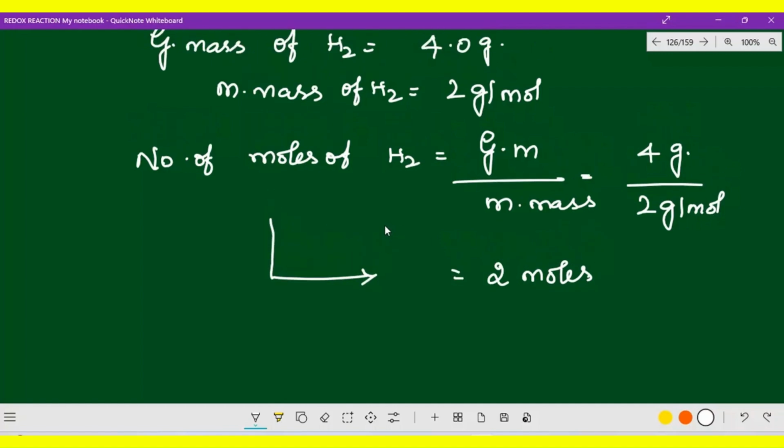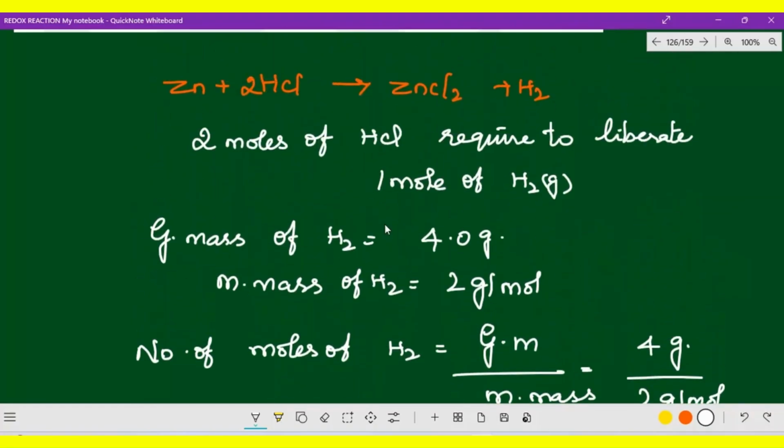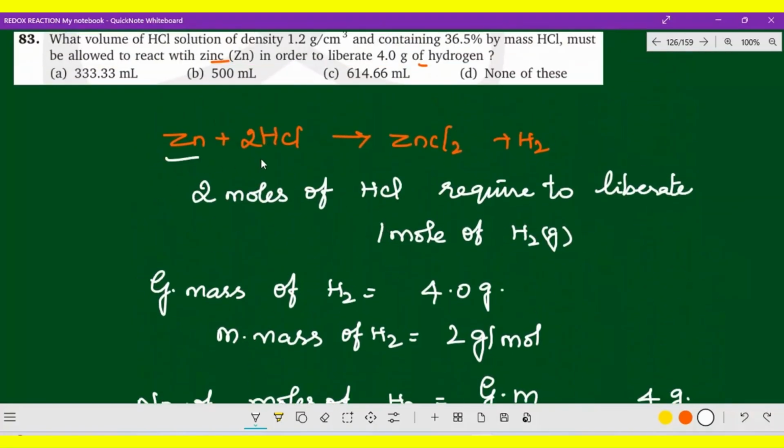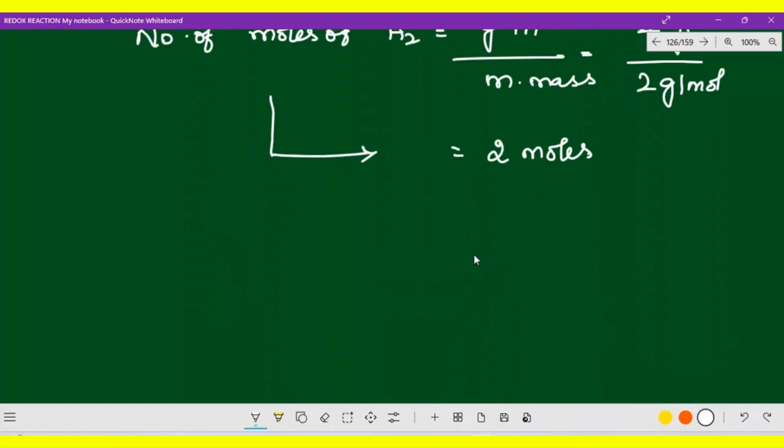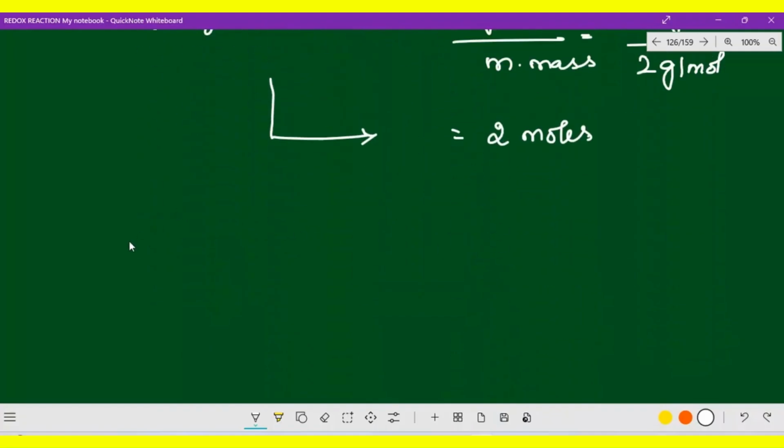Now this balanced equation we identified: Zn plus 2 HCl gives ZnCl2 plus H2. So from this balanced equation, the ratio is 2:1. So 2 moles of HCl require 1 mole of H2. So moles of HCl we have to identify: 2 into moles of hydrogen.